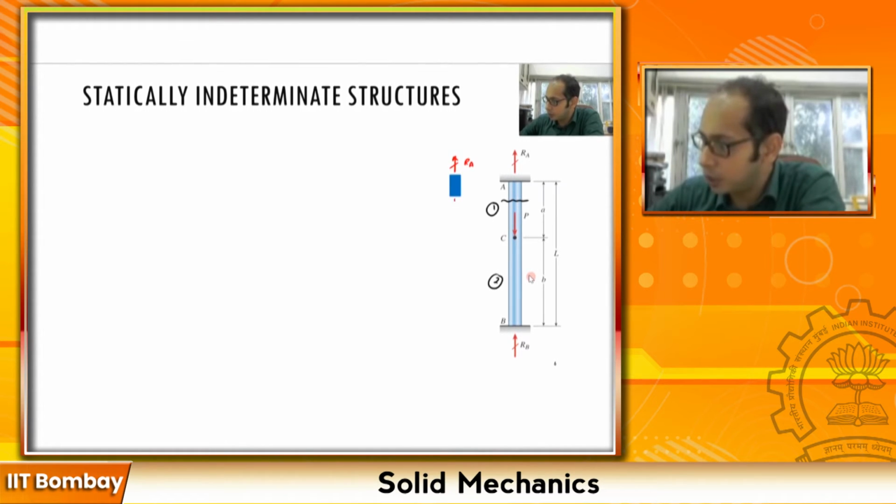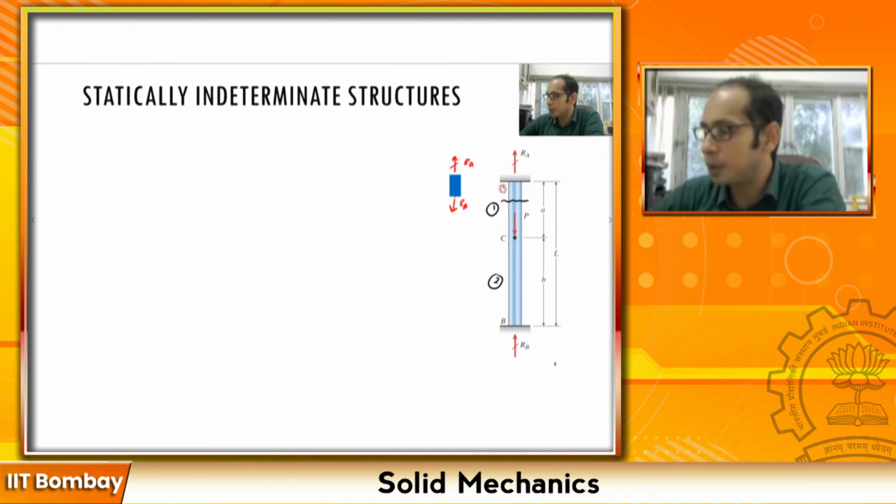To balance this, I must have an equal and opposite reaction of RA here as well, the same throughout. If I take the cross section anywhere just above point C, I am going to have this internal force RA.